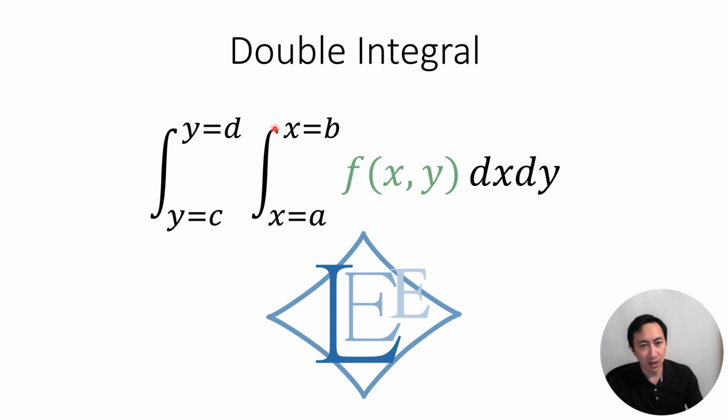We've already looked at the case where you have a single integral, right, and your upper and lower limits, and what you're integrating with respect to. When we have a double integral, we're going to have two integral signs with two sets of upper and lower limits. And on the right side, you will have a dx and dy.